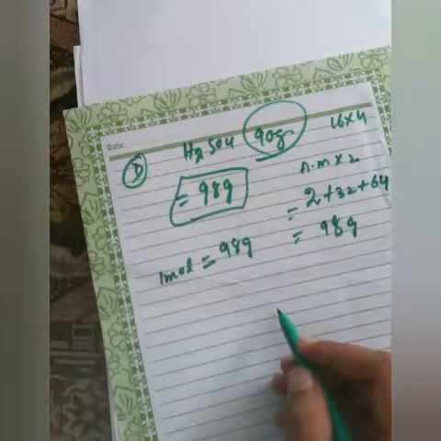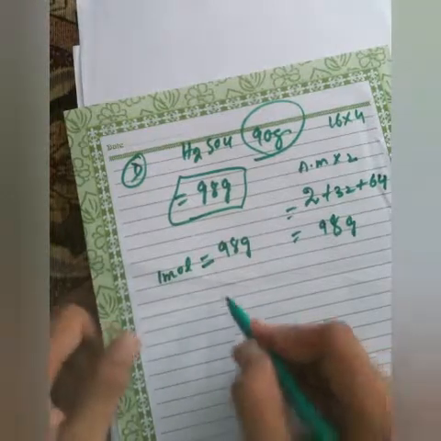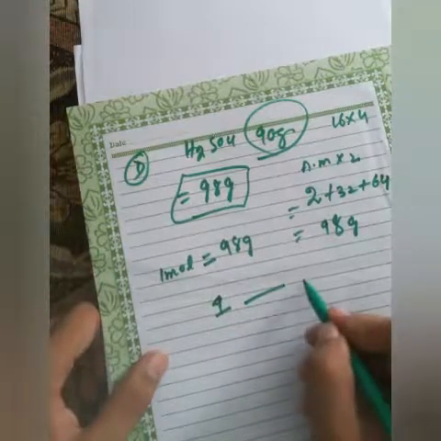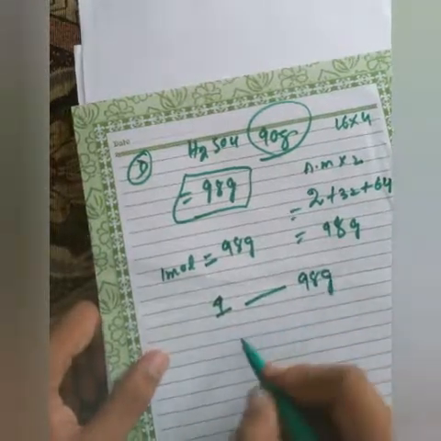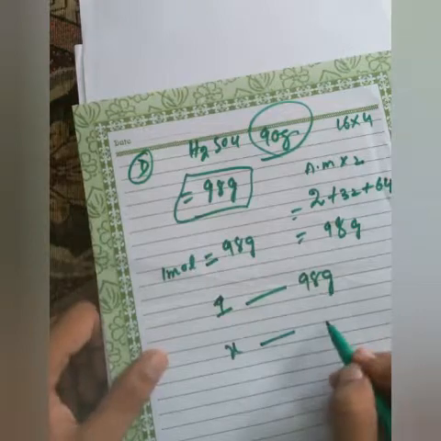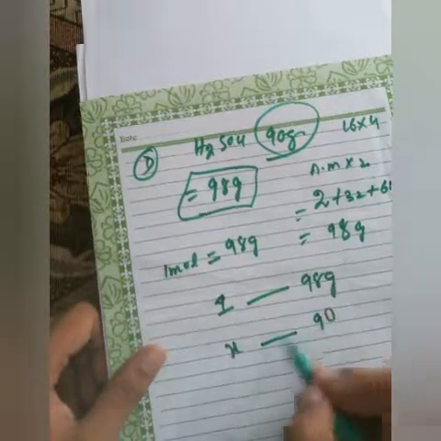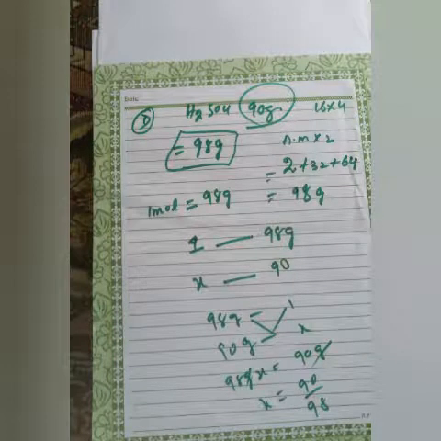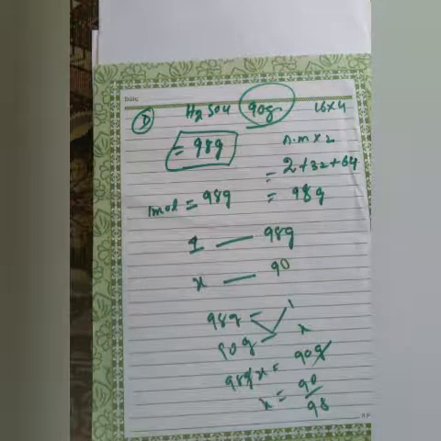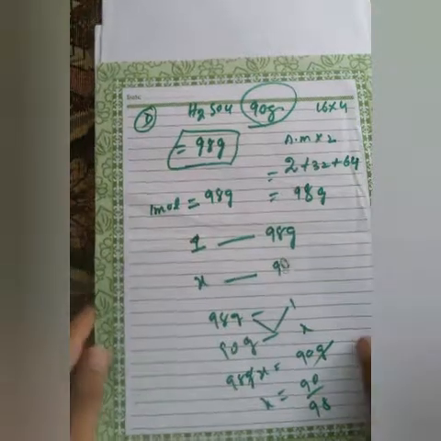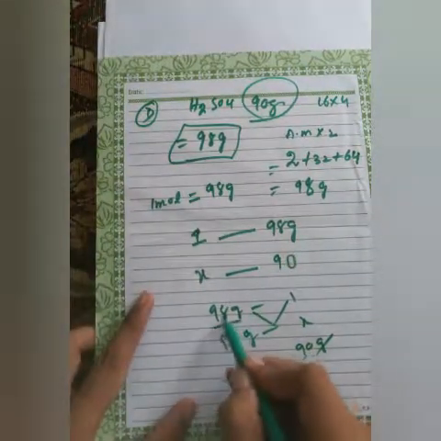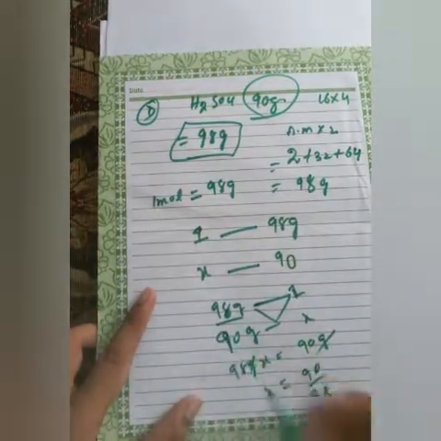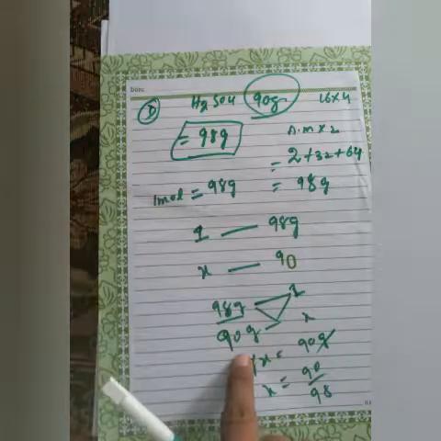So how many moles will 90 grams have? If 98 grams of H2SO4 is 1 mole, how many moles will 90 grams of the same H2SO4 have?